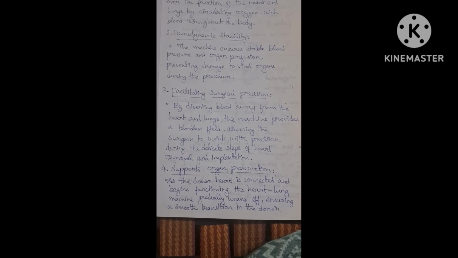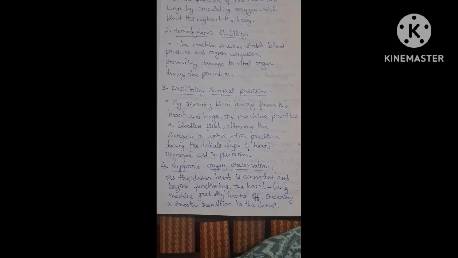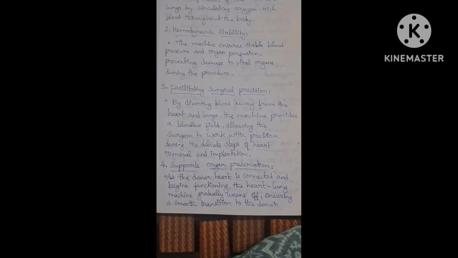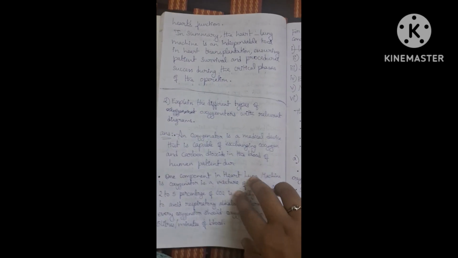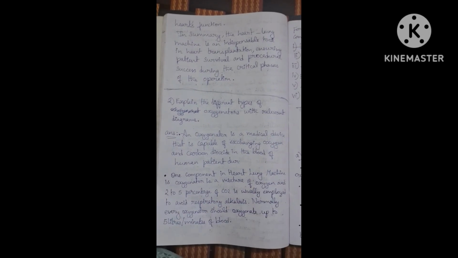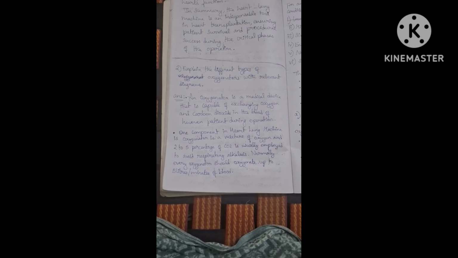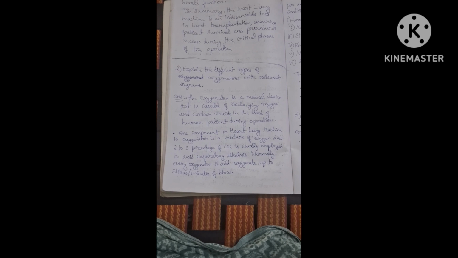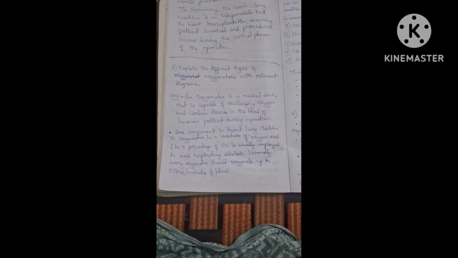As the donor heart is connected and begins functioning, the heart-lung machine gradually weans off, ensuring a smooth transition to the donor heart function. In summary, the heart-lung machine is an indispensable tool in heart transplantation, ensuring patient survival and procedural success during the critical phases of the operation.